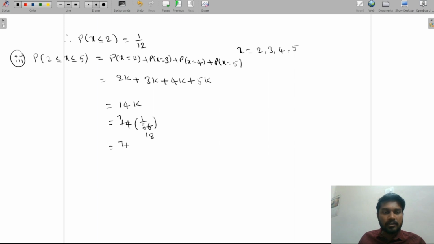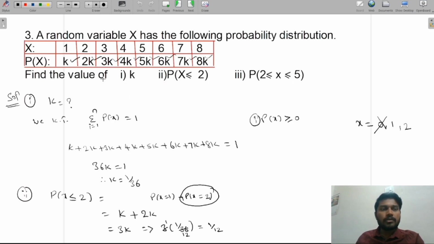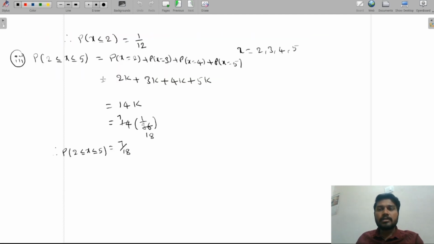So 7 by 18 is the probability of getting 2 less than or equal to x less than or equal to 5 heads. So this is my solution to the third question. Okay, so we'll meet again in lecture number 3.